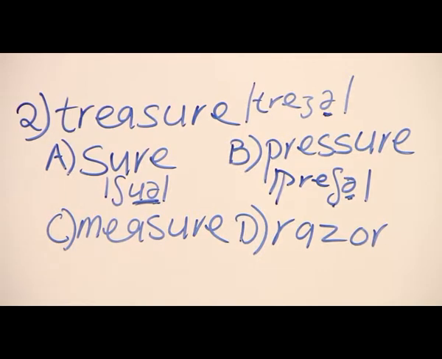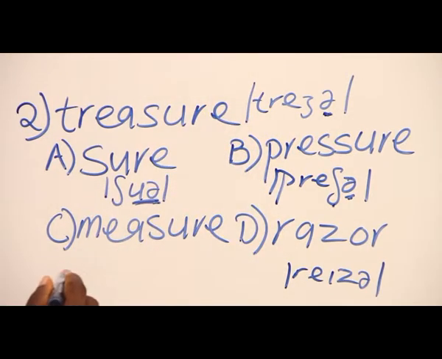Now we have option C. Okay, let's take option D, razor. We have just one rhyme with the given word. Okay, so it means B and D can be your answers.